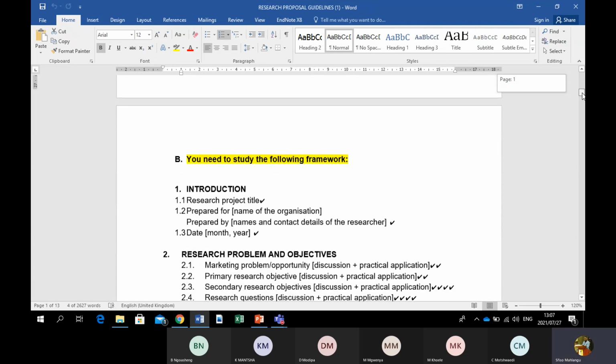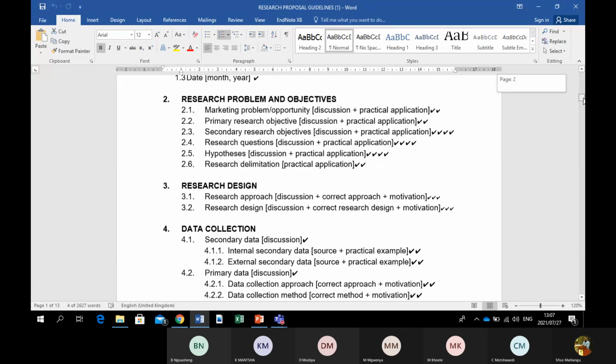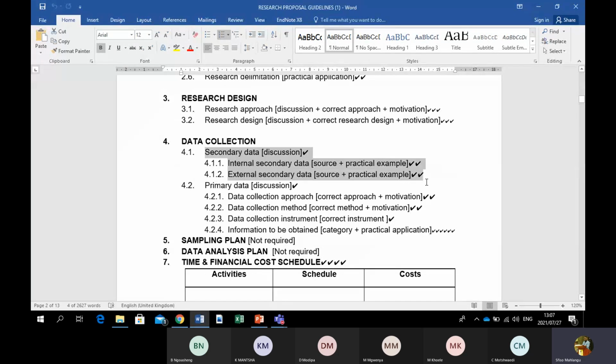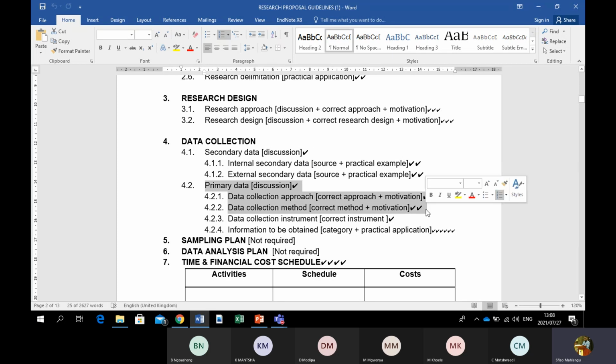On the next page, we've got step number 4, data collection. This was chapter 6, which we've covered regarding secondary data, how you can collect it, internal and external secondary data. So today we're going to focus on primary data, on 4.2.1 as well as 4.2.2.